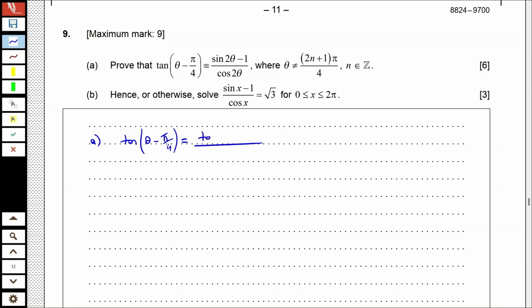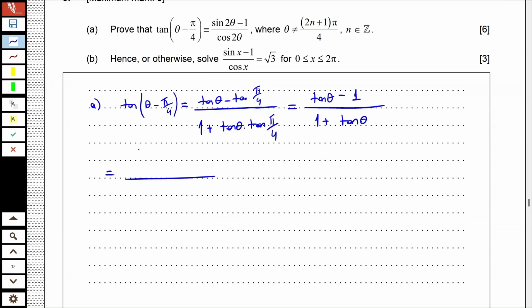It is tangent theta minus tangent pi over 4, over 1 plus tangent theta times tangent pi over 4. From here you can write tangent theta minus 1, because we know tangent pi over 4 is 1, over 1 plus tangent theta, right?